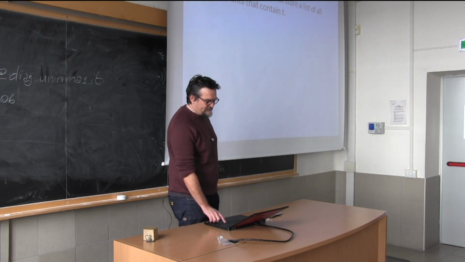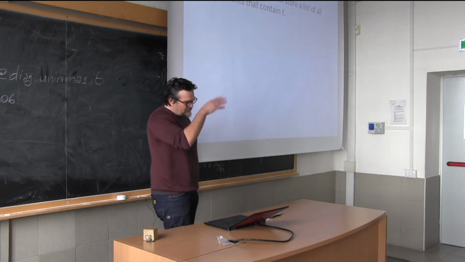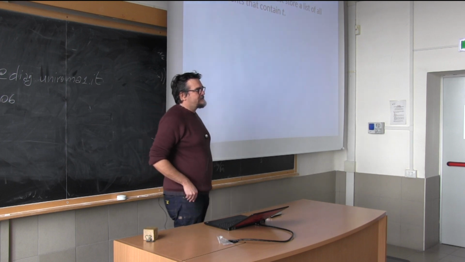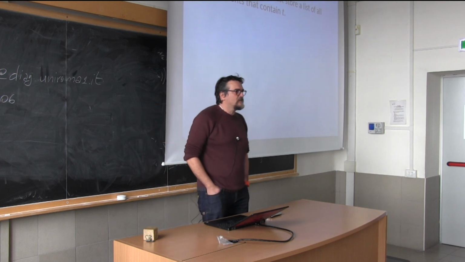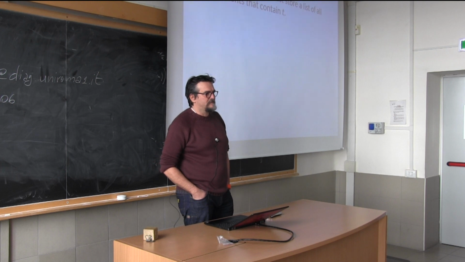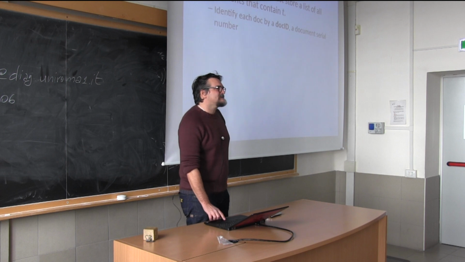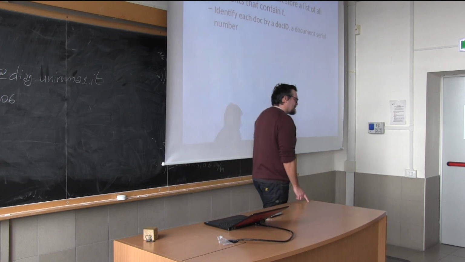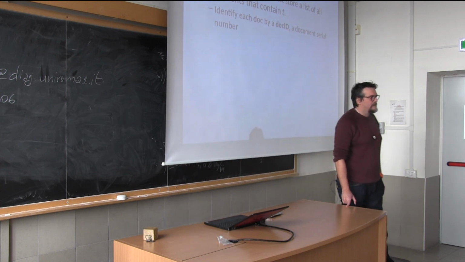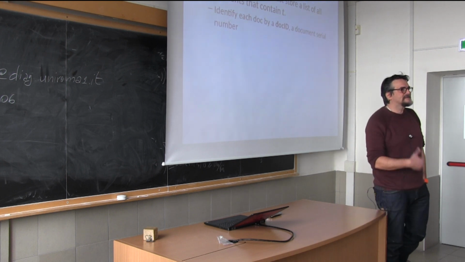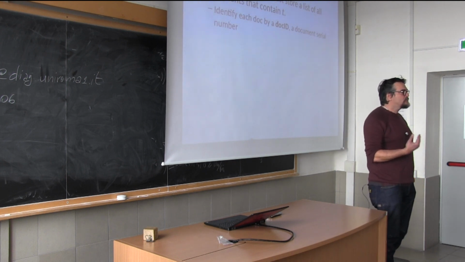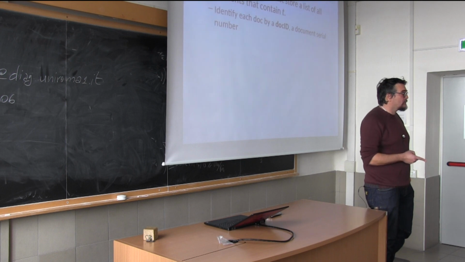So what is basically the inverted index? For each term, we build a list of the documents that contain that term. Okay. Each document must be identified by a document ID. What is the purpose of the document ID should be clear a bit later on, but we need something in order to sort the documents.